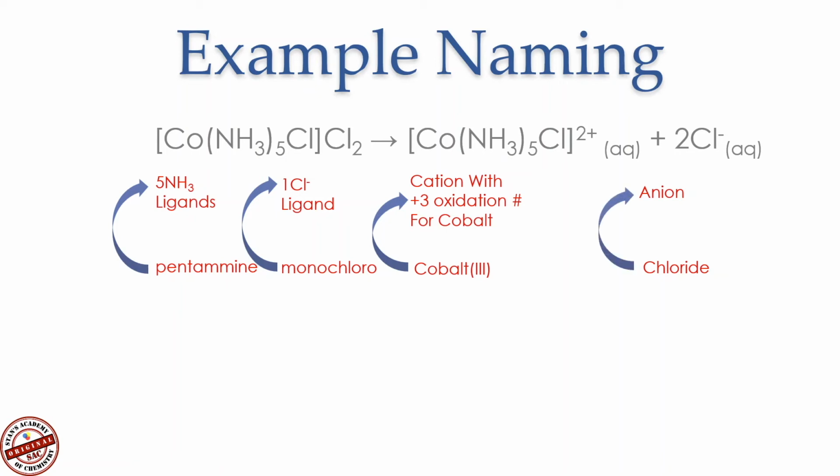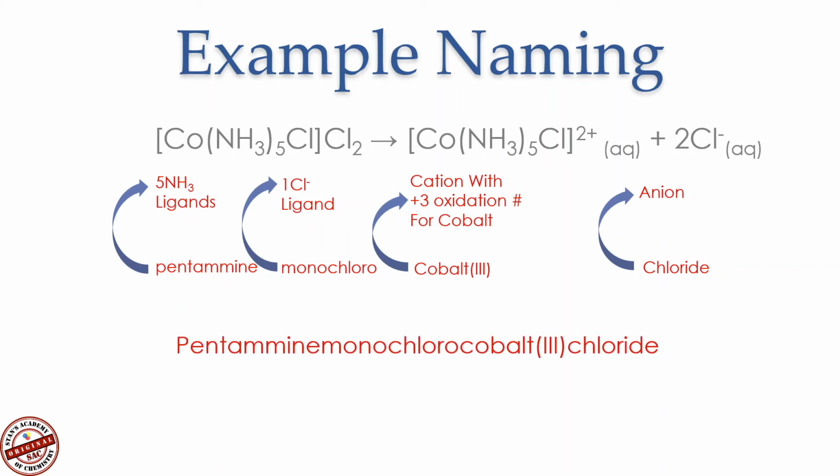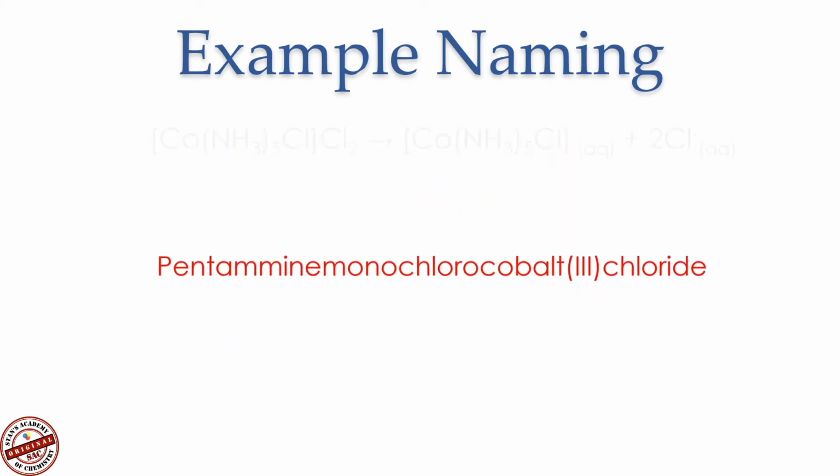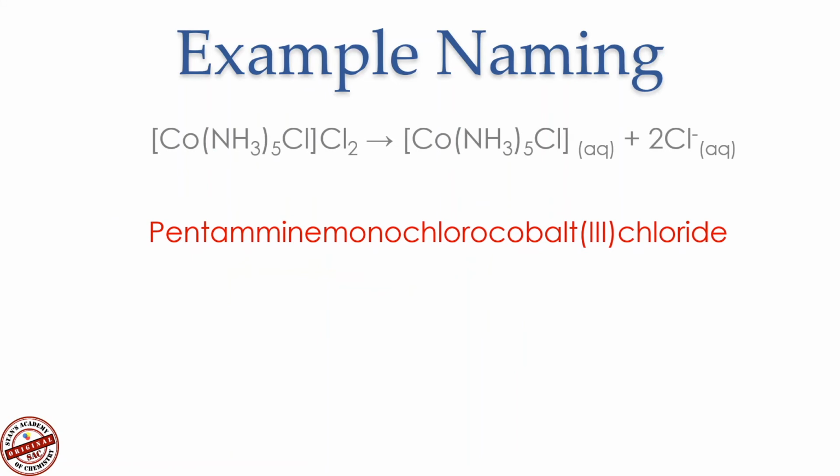And that's about all we need. Whatever is outside, we don't have to number. We simply say chloride, just like in ionic compounds. So the name is pentaammine monochloro cobalt(III) chloride. That's how you can name a compound.